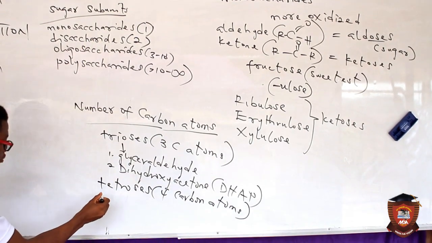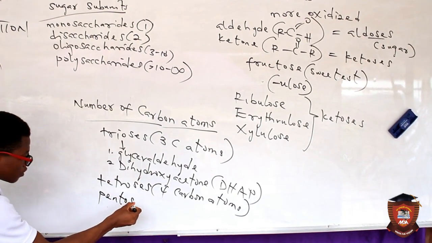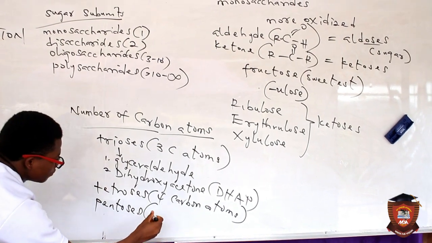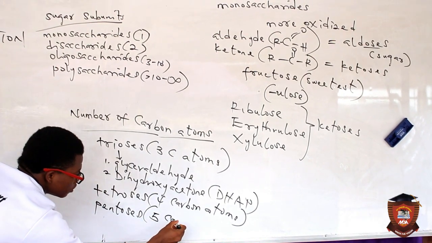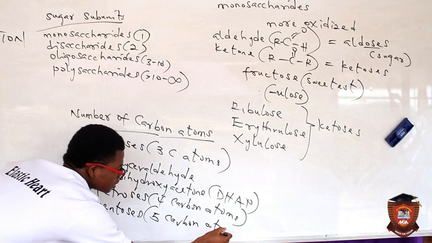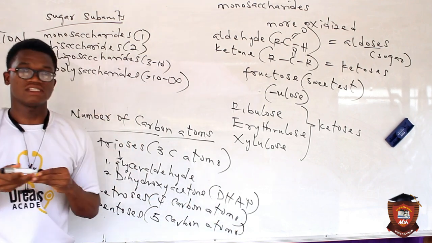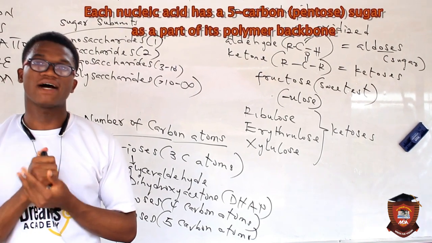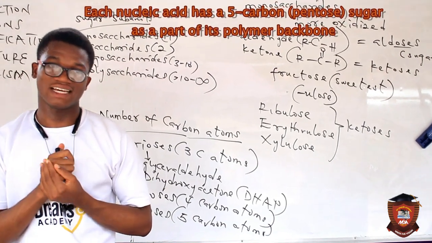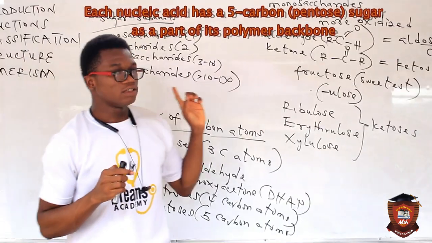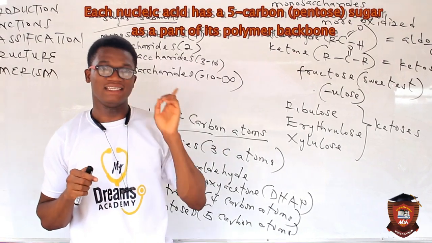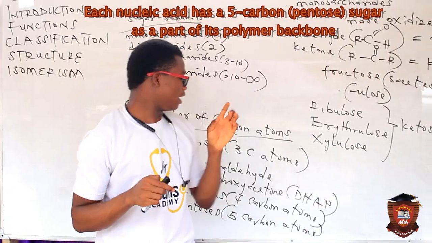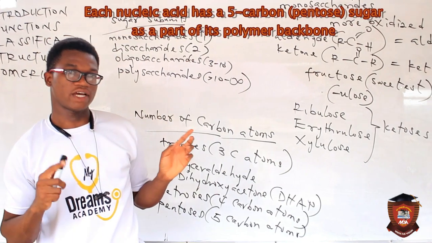We have the pentoses, and they have 5 carbon atoms. The pentoses are particularly important because they form the backbone of nucleic acids. So in the nucleic acids, which are DNA and RNA, we have pentoses as the sugar units there.